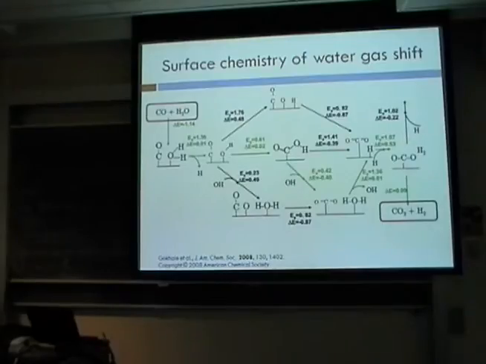But at least there's a lot of promise that there are strong connections between a very traditional reaction that you would find in a petroleum refinery, the water-gas shift reaction or the reverse water-gas shift reaction, and this very new technology of using photoelectrocatalysis to convert CO2 and water to hydrocarbon fuels, or to synthesis gas, which can make hydrocarbon fuels.